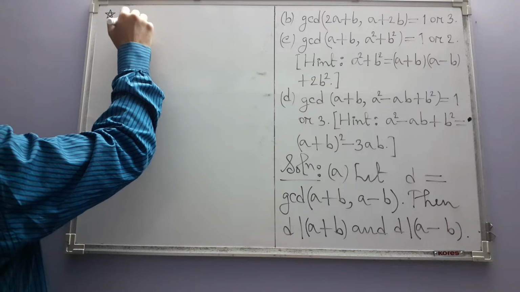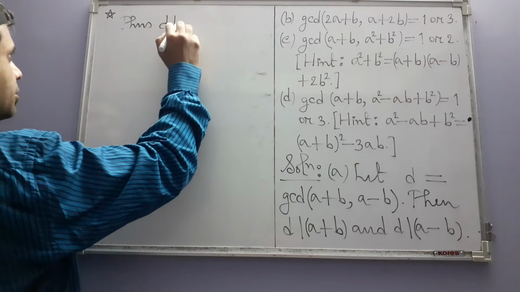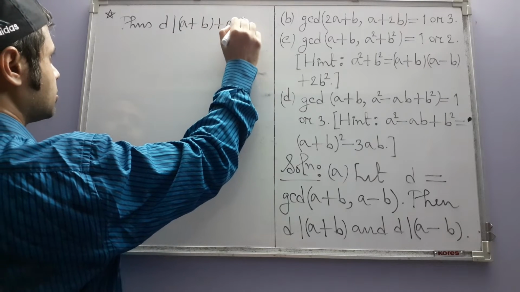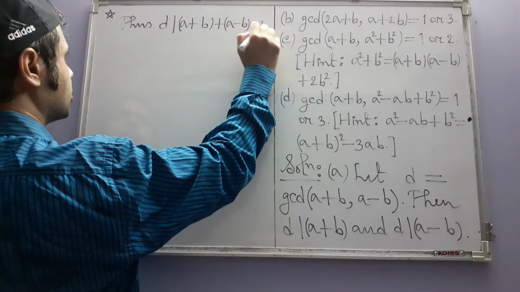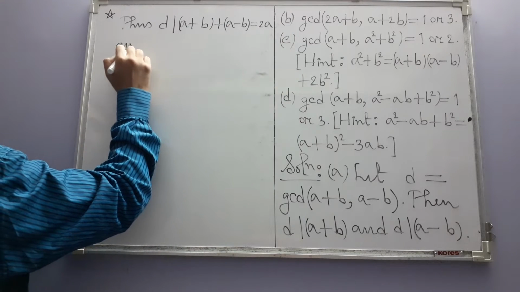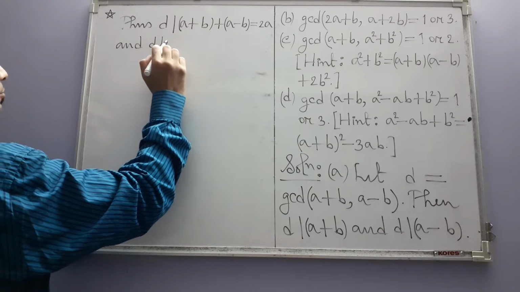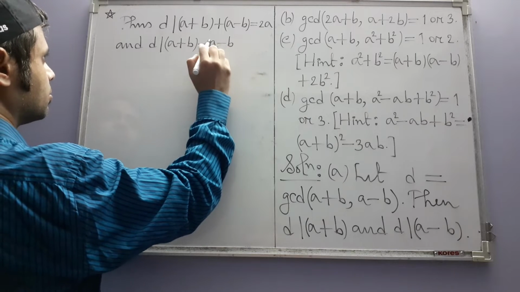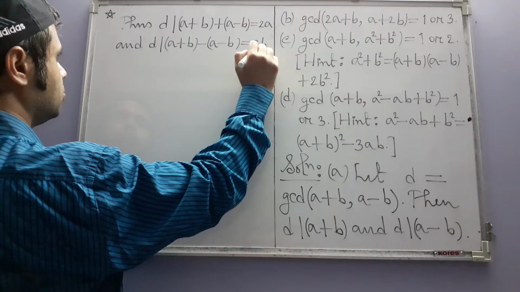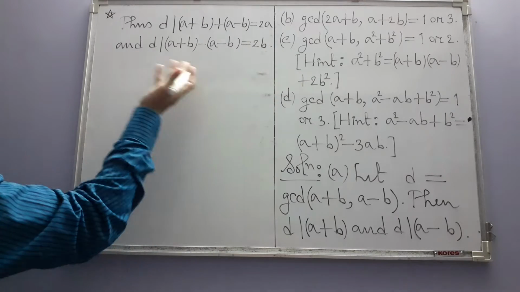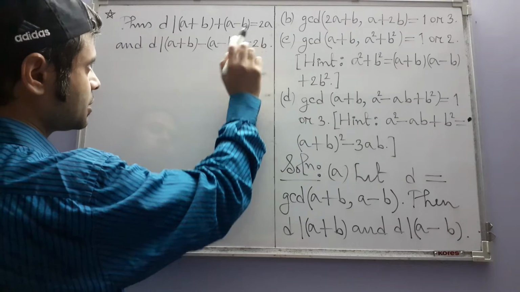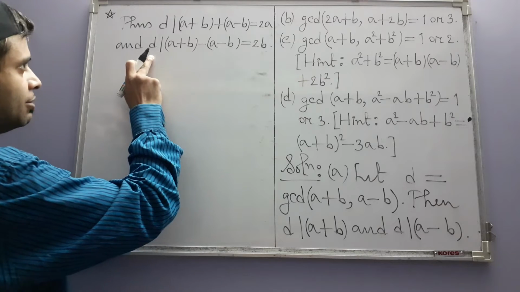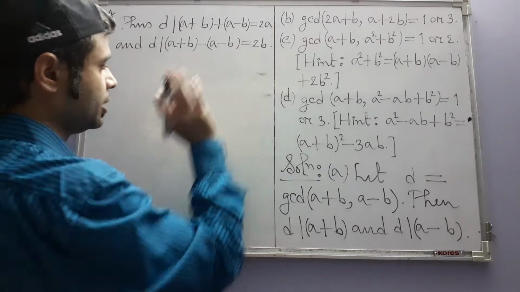Thus, D divides a plus b plus a minus b, which is equal to 2a, and D also divides a plus b minus a minus b, which is 2b. Now D becomes a common divisor of 2a and 2b. So by the definition of GCD, D would divide the greatest common divisor of 2a and 2b.